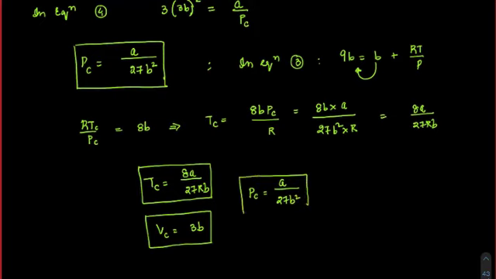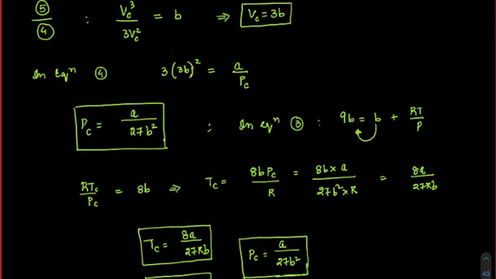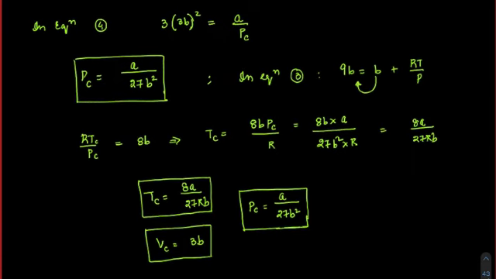That means for any real gas I can always calculate its critical temperature, pressure and volume using the critical parameters. I guess you understood what critical temperature, critical pressure and critical volume are. Mathematically you should be able to figure out what exactly these terms are.